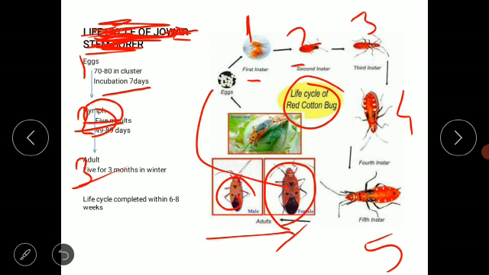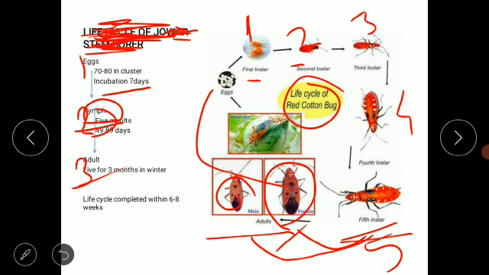Again this second nymphal instar undergoes molting. In this way each and every nymphal instar undergoes molting, and after each molt they enter the next nymphal instar, and finally the fifth nymphal instar when it molts develops either into a female or into a male depending on the sex of that particular insect.